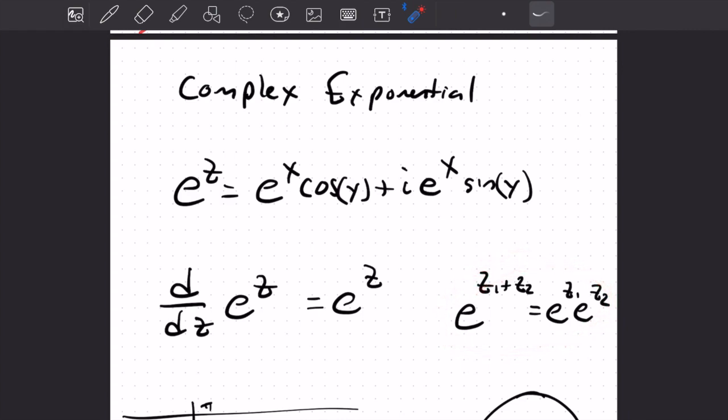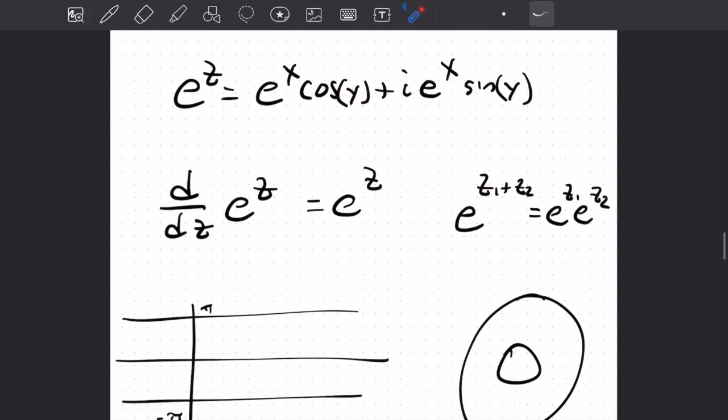Also, if we put just a real number in here, notice our y would be 0, and we would get just the real exponential back, which is desirable. Another thing to notice is this function is periodic in the i direction, since we have these trig functions there. And if we look at where this fundamental domain gets mapped to, we'll see it goes to this annulus, which is kind of nice.